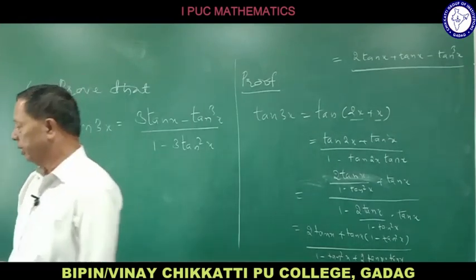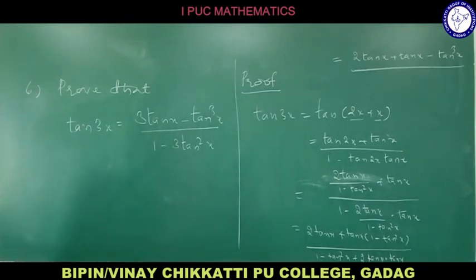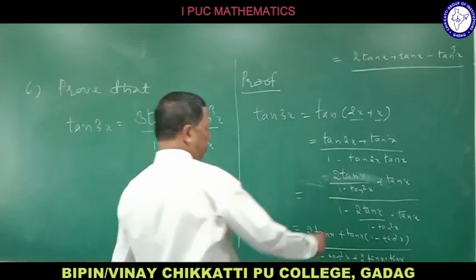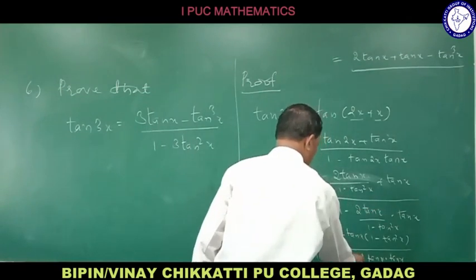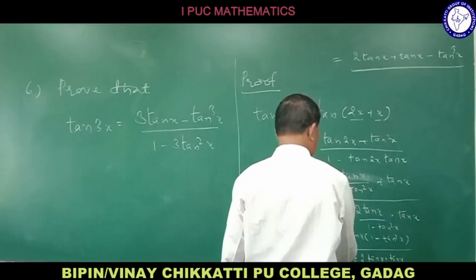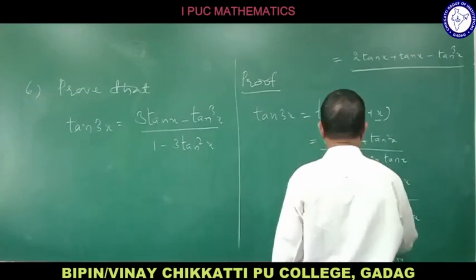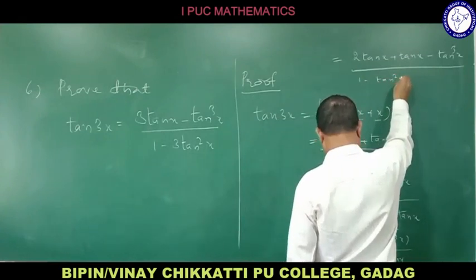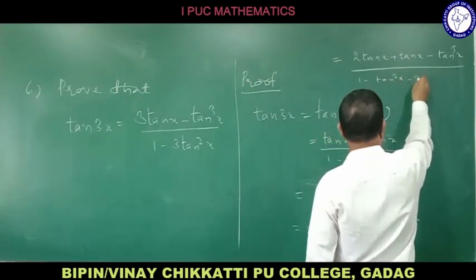So here you can use that formula, 1 minus tan square x, and you have to go for 2 tan x, which is 2 tan square x minus tan square x. So 1 minus tan square x minus 2 tan square x.